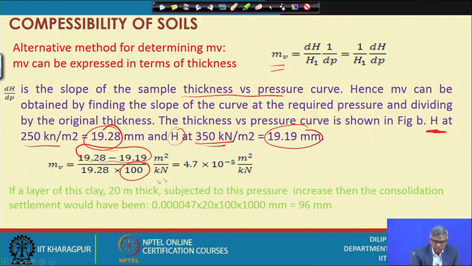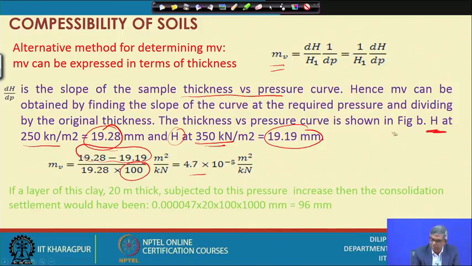If you do this, you can see we are getting this. Before doing that, I will show the curve for thickness versus pressure. It is almost similar to the void ratio versus pressure curve. So, I will go back to that.